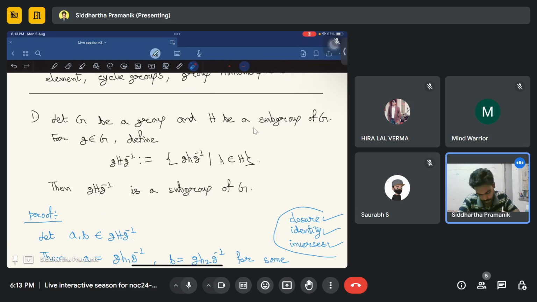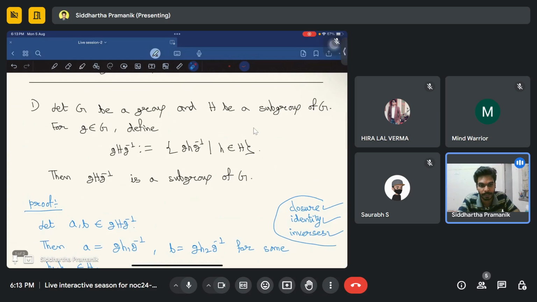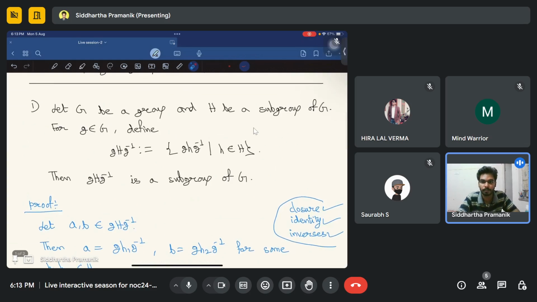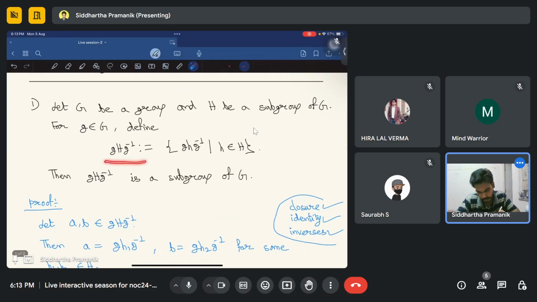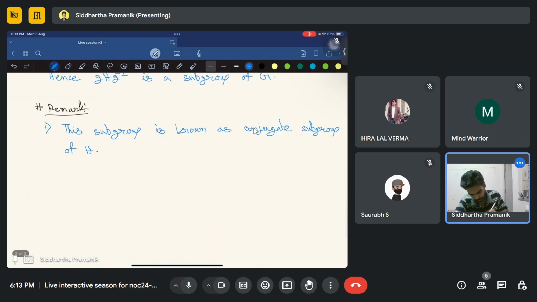Okay, so the fact is H is abelian if and only if this subgroup gHg inverse is abelian. So let me write it down. H is abelian if and only if gHg inverse is abelian, and this is true for every element small g of G.